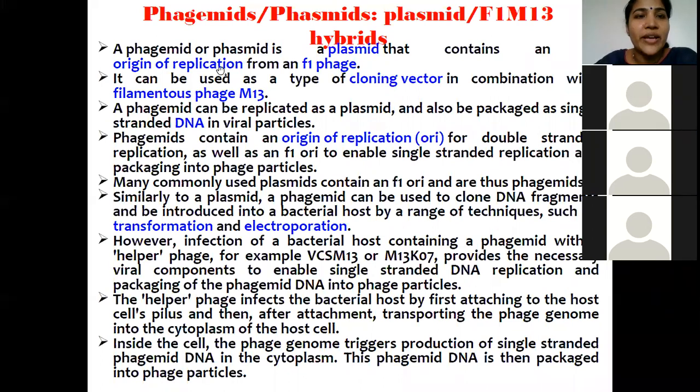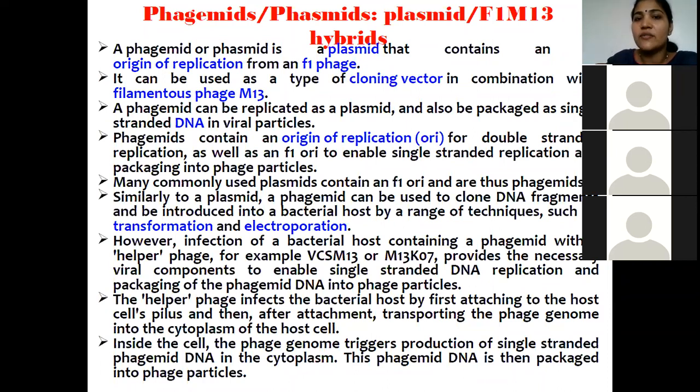A phagemid is a plasmid that contains an F1 origin of replication from an F1 phage. So basically, these phagemids are a combination of plasmids and phage. It will have the characteristics of plasmids and also of phage.